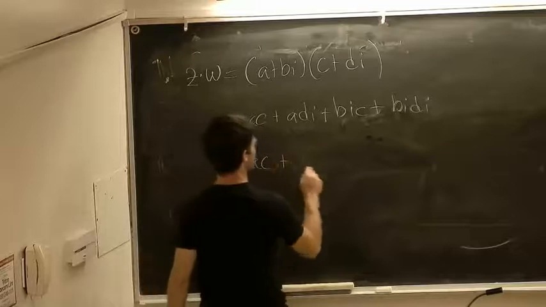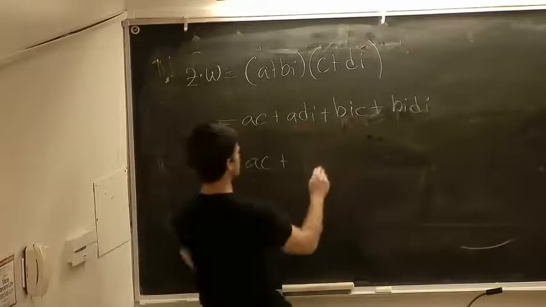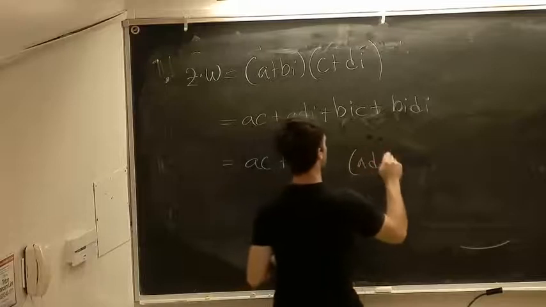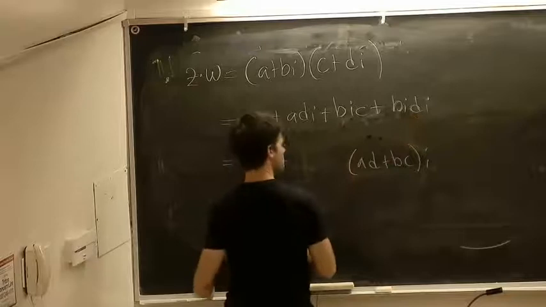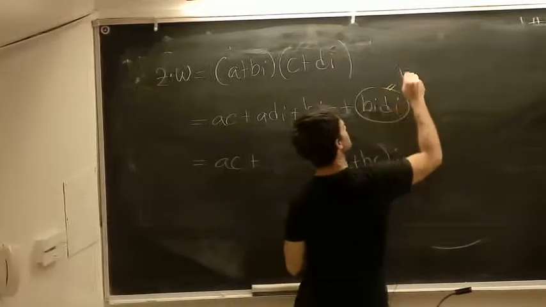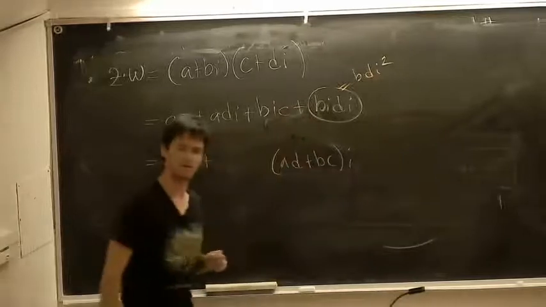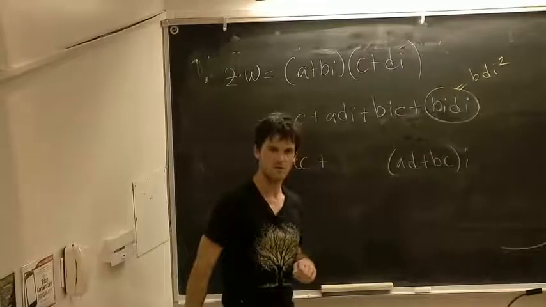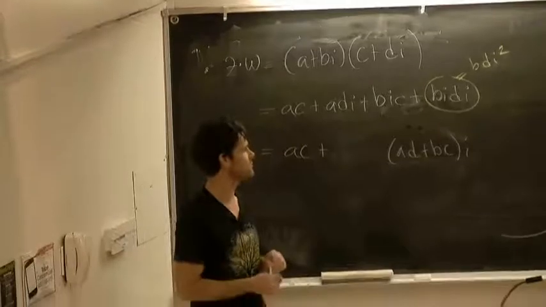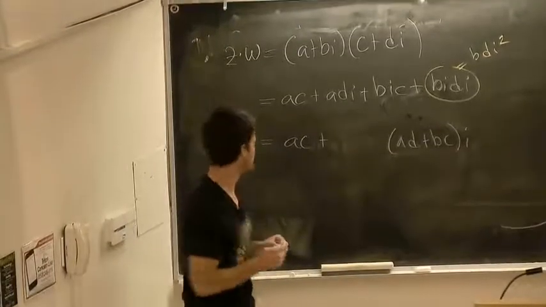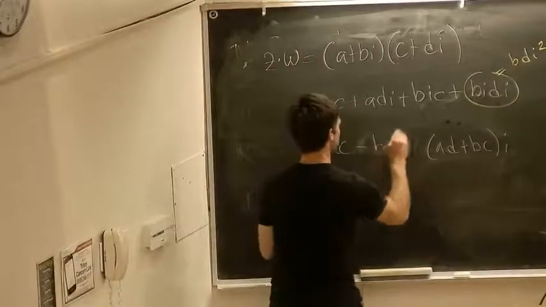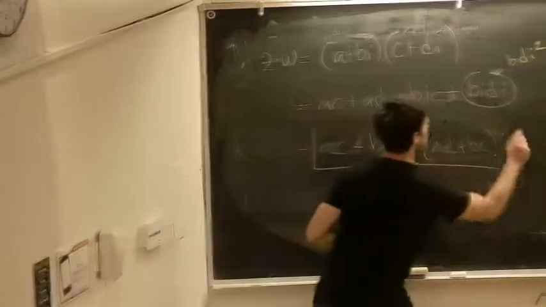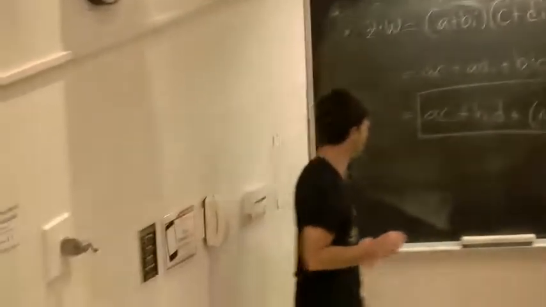So that's a times c. I'm going to pull an i out of these two terms, giving me ad plus bc times i. This one is bd, and we've got an i squared. What should you do if you see an i squared? Make it a negative 1. So that's going to become negative bd. That's why I get minus bd here.